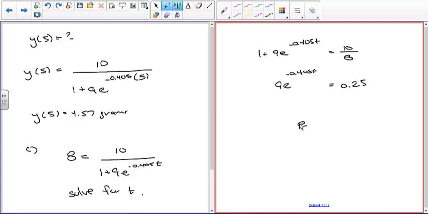And then you divide by 9. So you get e to the negative 0.405 T is equal to 0.0278. Take the natural log of both sides.